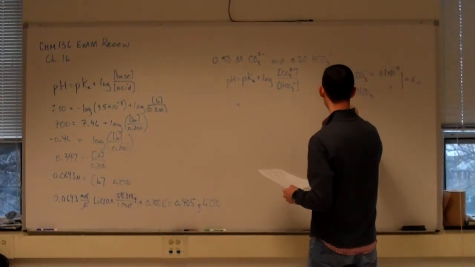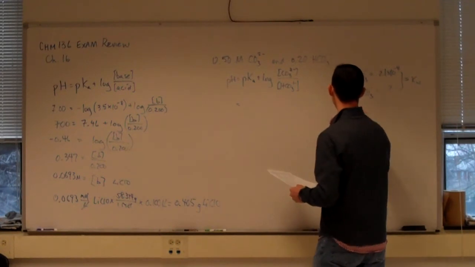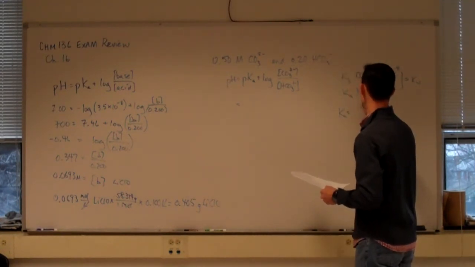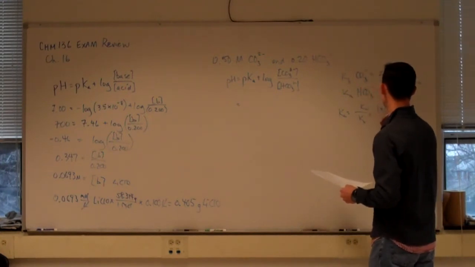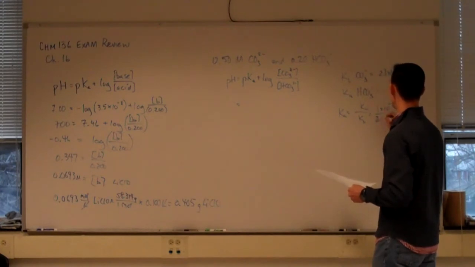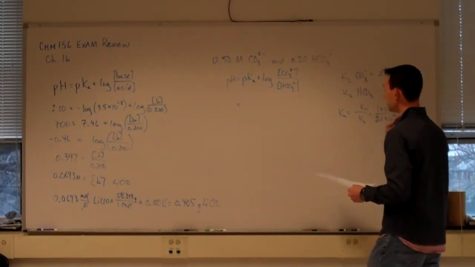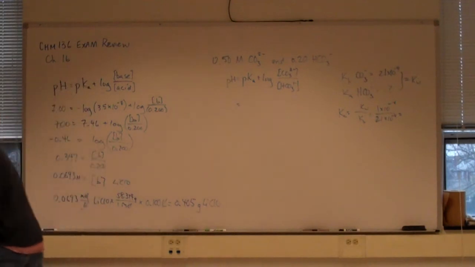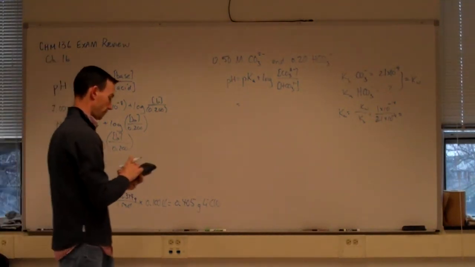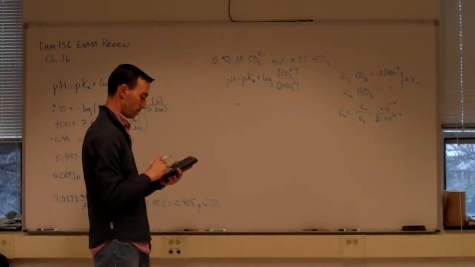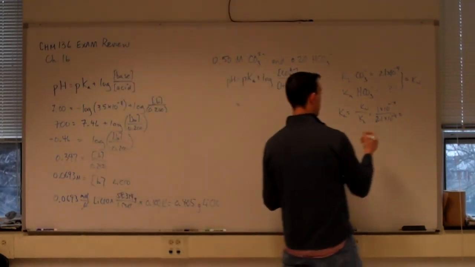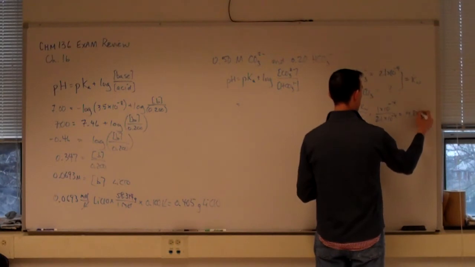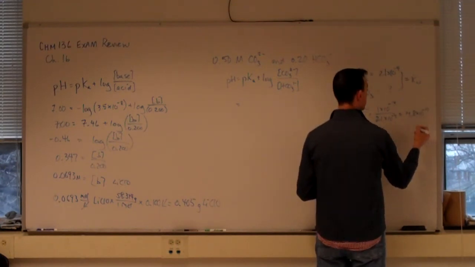So the Ka of our HCO3 minus is simply going to be Kw divided by Kb. That's 1 times 10 to the negative 14 divided by the 2.1 times 10 to the negative 4. So it's 4.8 times 10 to the negative 11.